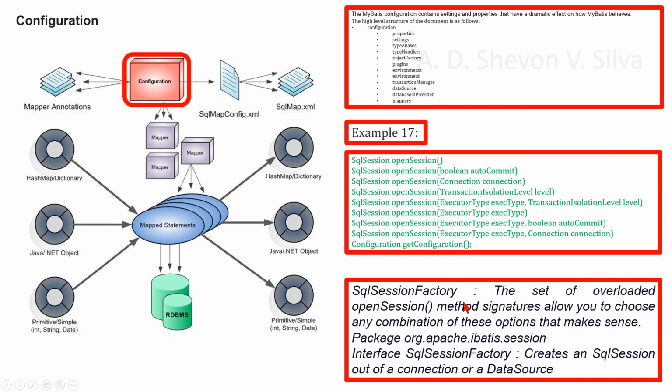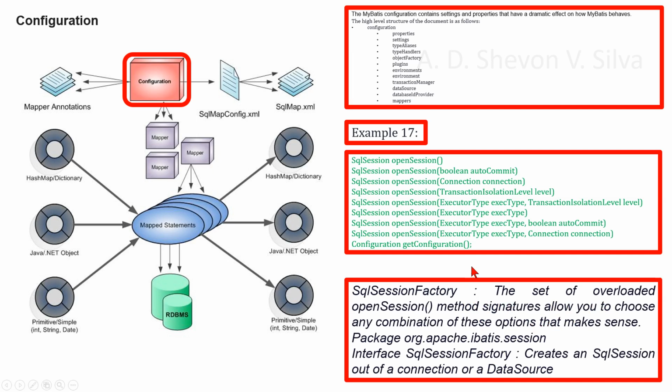Now we are considering SqlSessionFactory. SqlSessionFactory has 6 methods that are used to create SqlSession instances. In general, the decisions you will be making when selecting one of these methods are: Transaction.